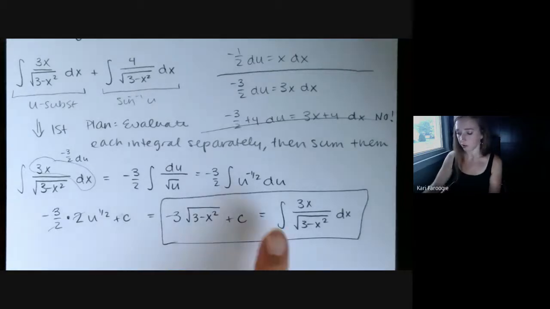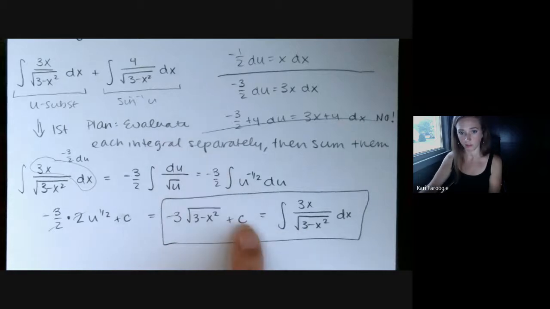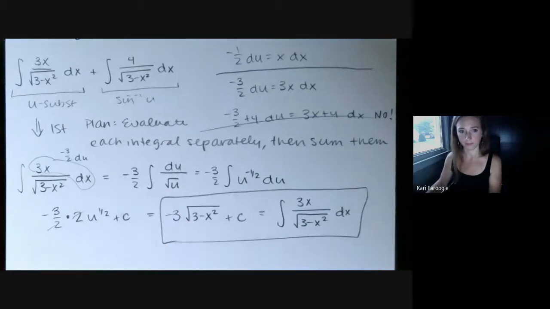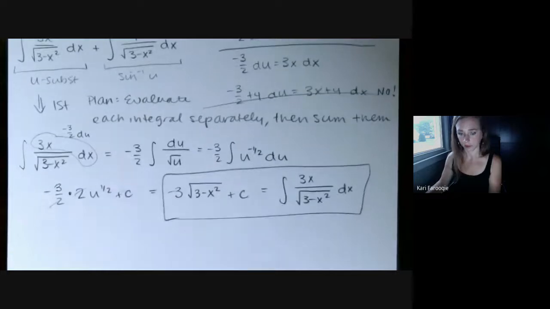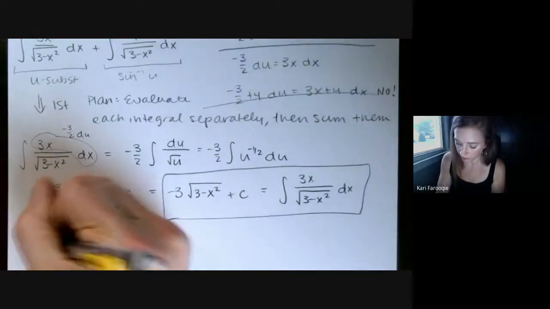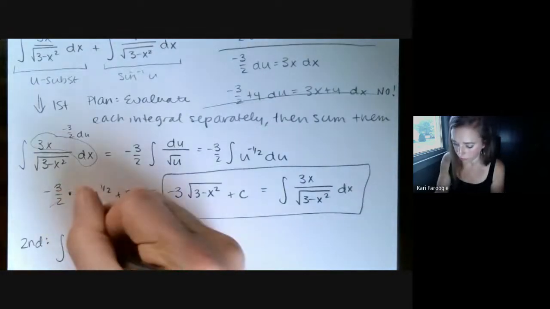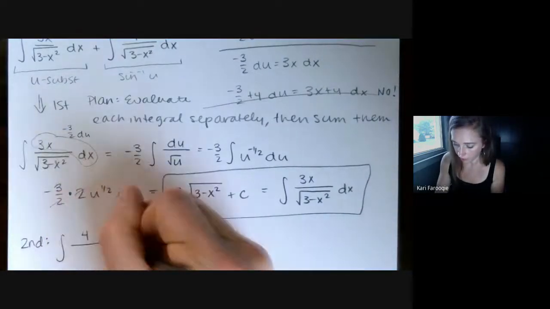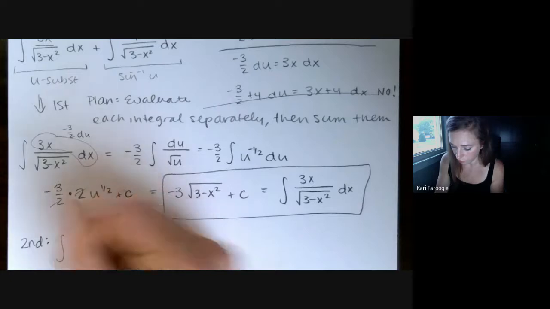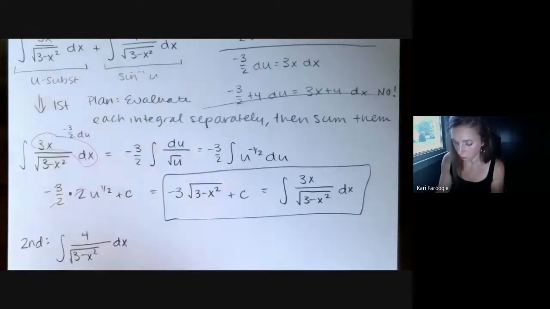Before I do that, are there questions here? And it doesn't matter what order you do this in. I just already started with the u sub, so I went with that one first. And if you want to leave the 4 in the numerator, fine. We'll fix it later.